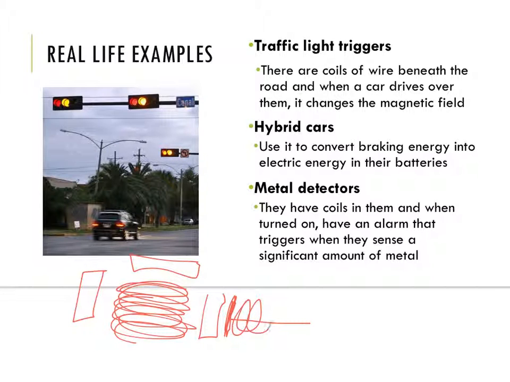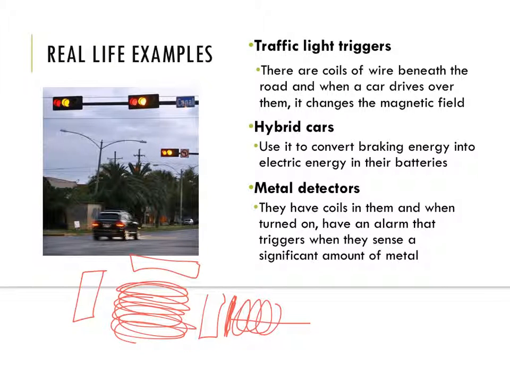By spinning our magnets around the coil or a coil in and out of the magnets, you're going to induce a voltage which creates a current. So we literally create electricity by spinning and having magnets and coiled wire interact to create that induced voltage. Without that, we wouldn't have electricity in our home.